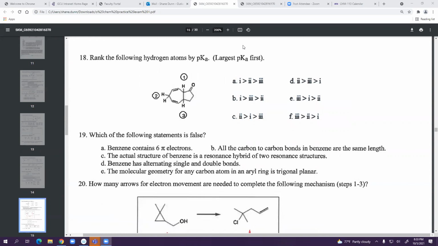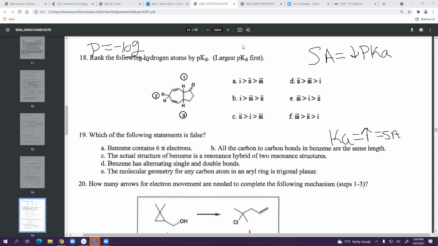Number 18, pKa, 115 students. Hopefully you know what pKa is. So do strong acids have high or low pKa? Nope, low pKa. Ka is the strength of an acid, right? The p stands for negative log. You could think of negative log meaning the exact opposite.